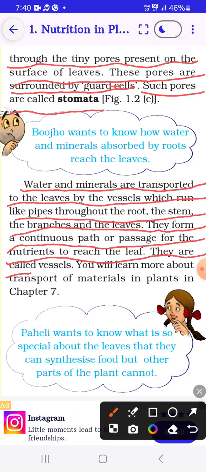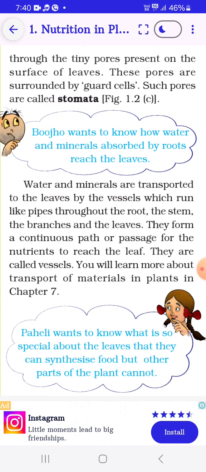They are called vessels. You will learn more about transport of minerals in plants in chapter 7.